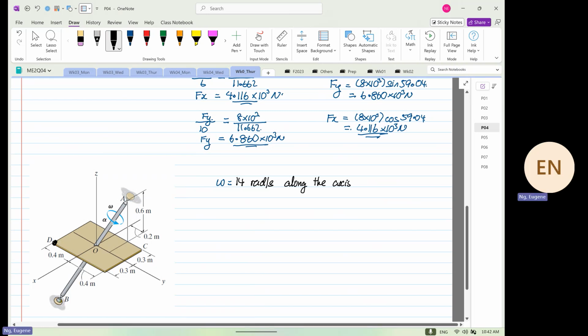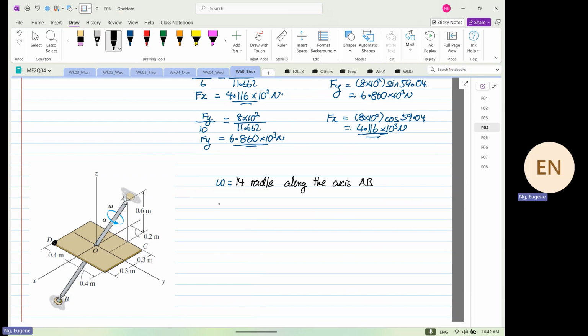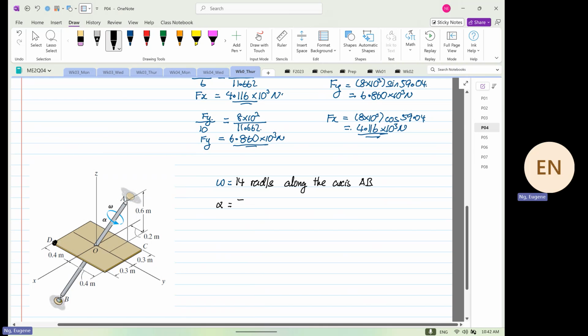Our axis is AB. And we're also given that alpha is 7 radians per second squared along the axis AB also.